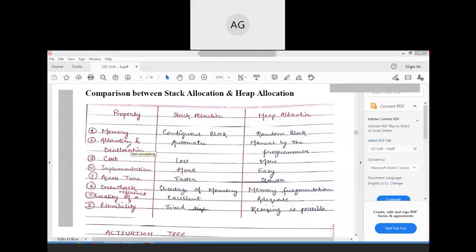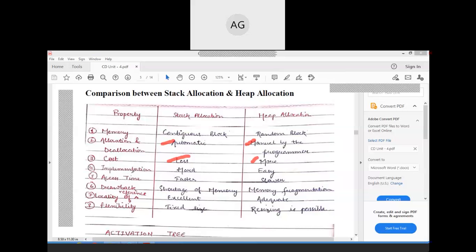The second property is allocation and deallocation. In stack allocation, it is done automatically, whereas in heap allocation, it is done manually by the programmer. The third property is cost. Stack allocation is cheaper or less costly, while heap allocation is more costly than stack allocation.